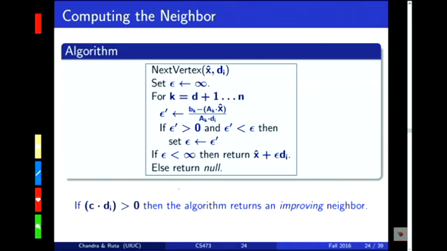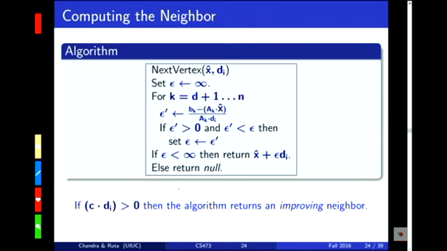Then for all the hyperplanes that were not tight at this vertex, compute the possible bound. That bound has to be positive, and if it is less than the current epsilon, you reset epsilon to that value. Basically, you are just computing the minimum positive upper bound. Okay, and then finally return the vertex.